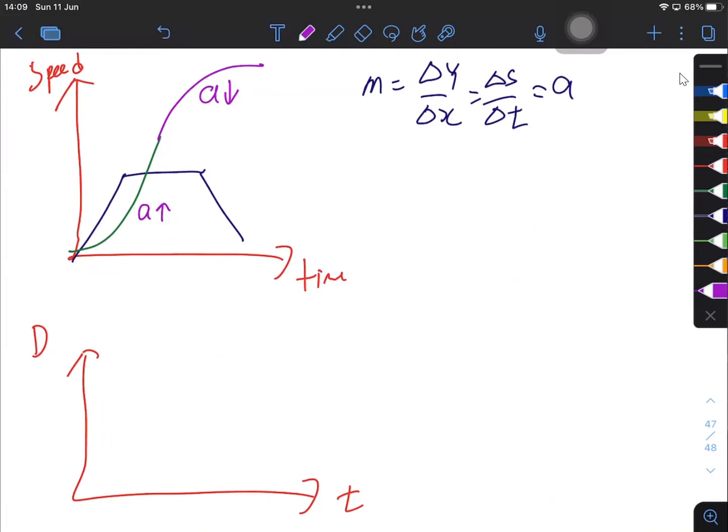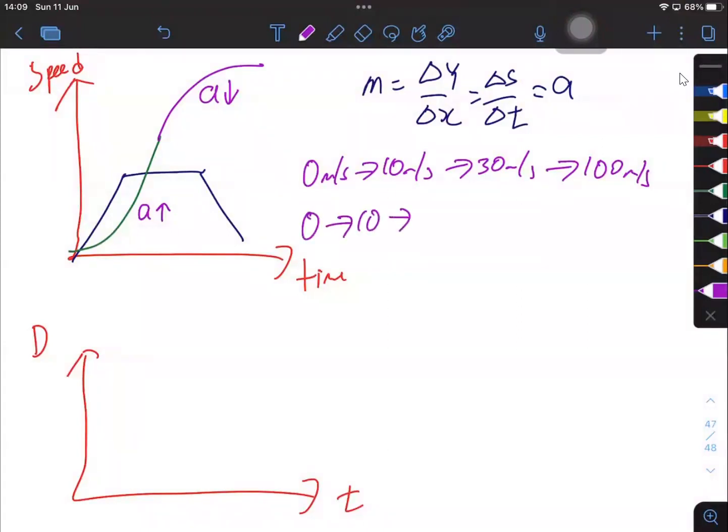So basically, increasing acceleration numerically, guys, is 0 meters per second to 10 meters per second to maybe 30 meters per second to maybe 100 meters per second. This is basically increasing acceleration, right? Whereas decreasing acceleration is like 0 to 10 to maybe 19 to maybe 25 to maybe 26, like that, guys.